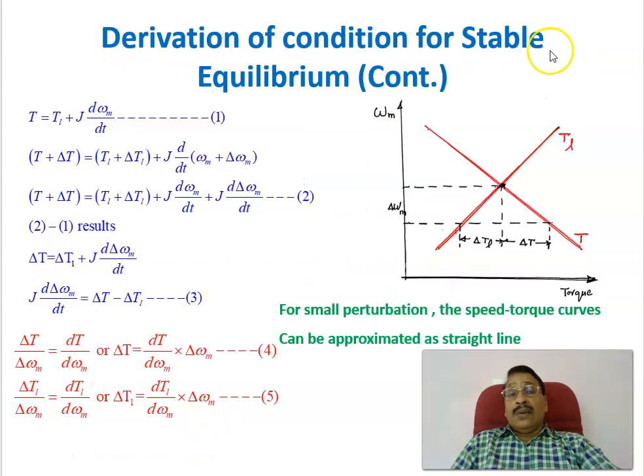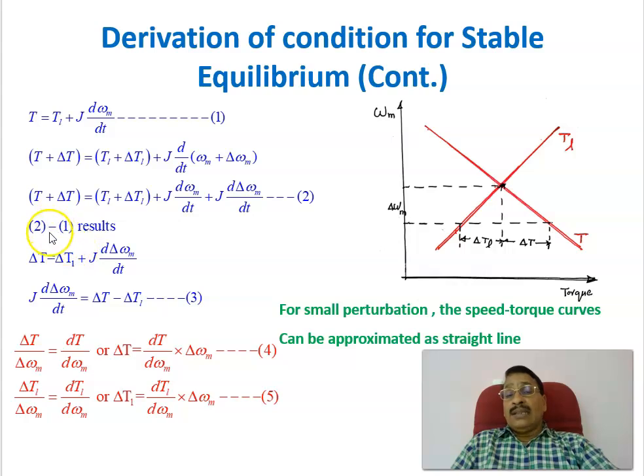Continuing the derivation of the condition for the stable equilibrium point. As we have already seen, T equal to TL plus J d omega m by dt. Giving a perturbation of delta omega m, T plus delta T equal to TL plus delta TL plus J d by dt of omega m plus delta omega m, or T plus delta T equal to TL plus delta TL plus J into d omega m by dt plus J d delta omega m by dt. It's equation 2, as we have already seen.